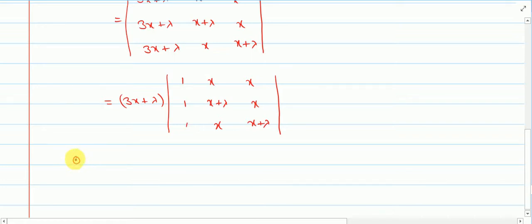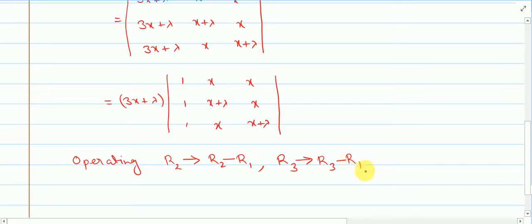I will write operating row 2 minus row 1, row 3 will be row 3 minus row 1.